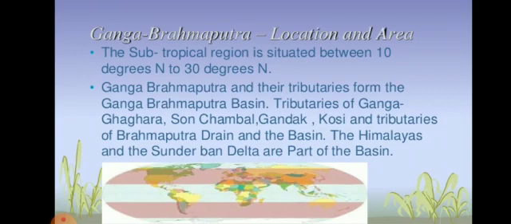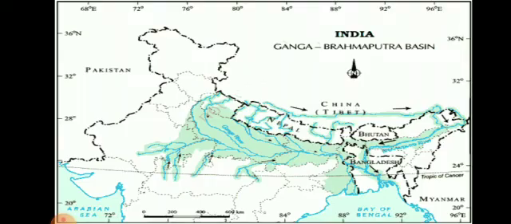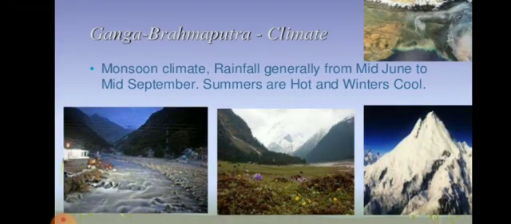Dihang is another tributary of Brahmaputra, but it is a very small river which is in the mountainous region only. The Himalayas and the Sundarban Delta are part of this basin. In this map you can see the green colored part, the whole Ganga Brahmaputra basin in India.